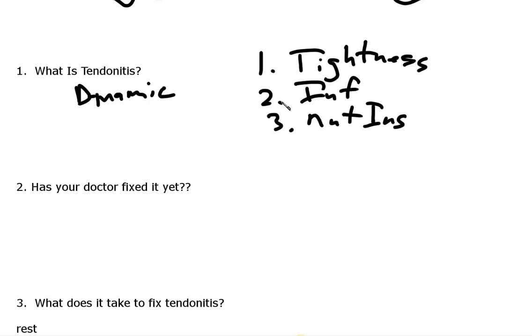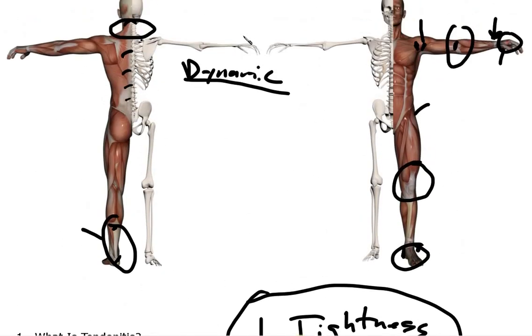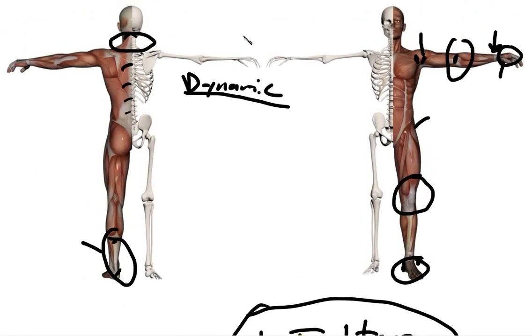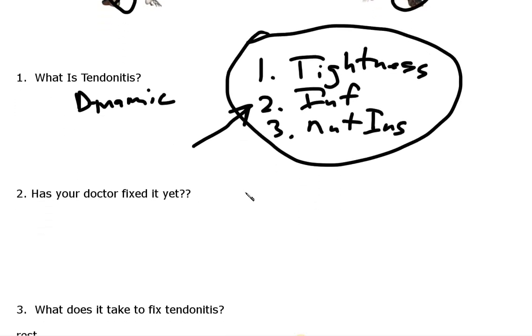So in a nutshell, and I'm going to keep this short, this is tendonitis. So even if you have pain in the forearm or the hip or the knee, anywhere around there, it's all because of this right here. And maybe you've spent months or years seeing a doctor and your doctor hasn't fixed it yet. Well, why is that?